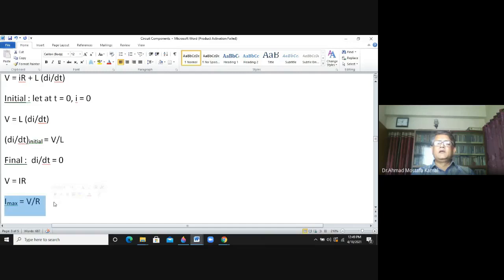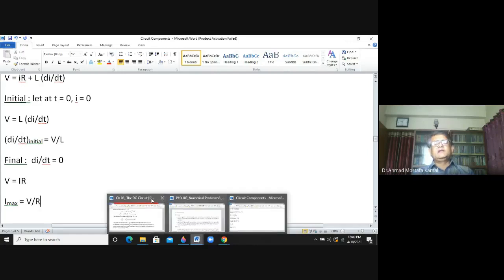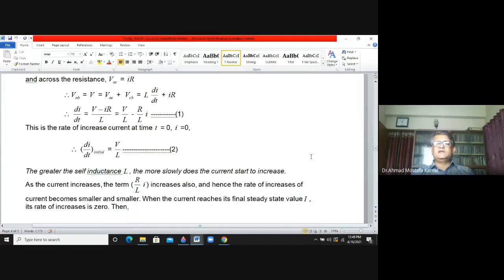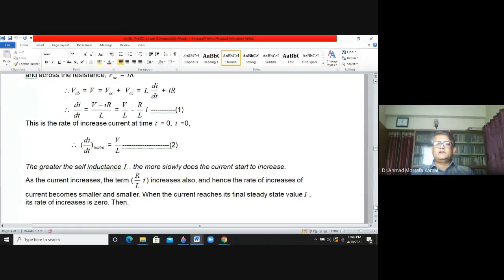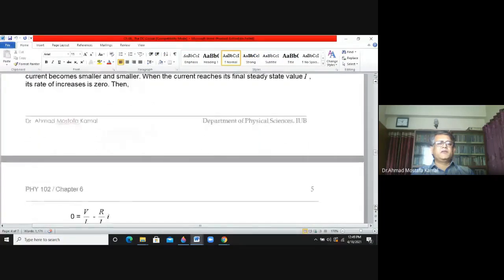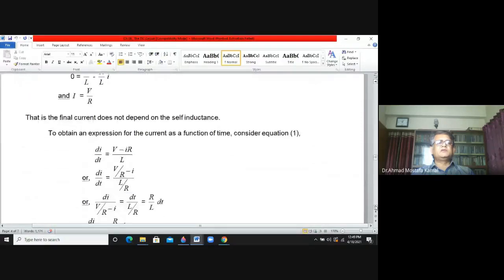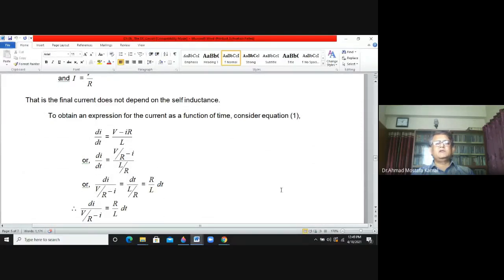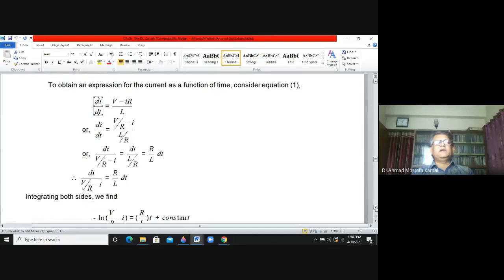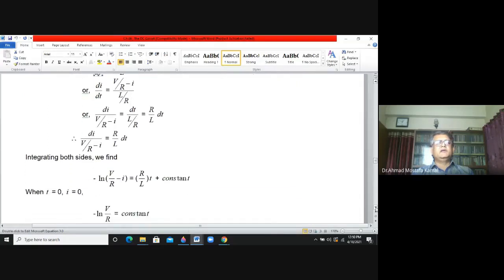But there is a process from 0 value to maximum value, how this current is increased in the circuit. That calculation is shown in your lecture sheet, you can go through this calculation, how we can find the equation for I, like we got an equation for Q in the RC circuit.